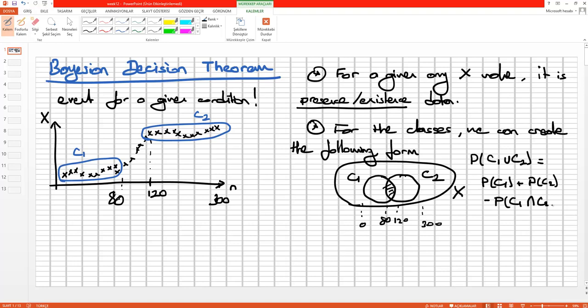C1 intersection C2, okay? And the event of x entirely depends on other things, which means that we can assume that P(x), or the probability rate of the happening of these terms, must be equal to 1. But we can assign different values here, because if we have any measurements for a time, for example, if we have a 10 seconds period here, like this one, we have events at t, for example, 2 and 5, okay?